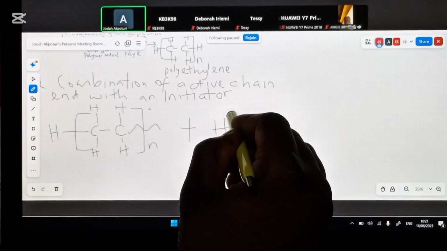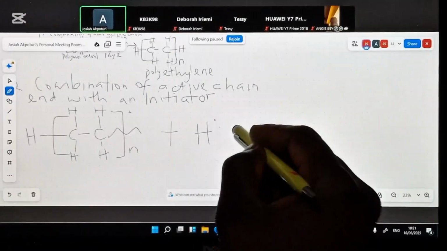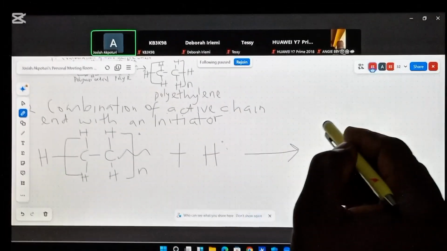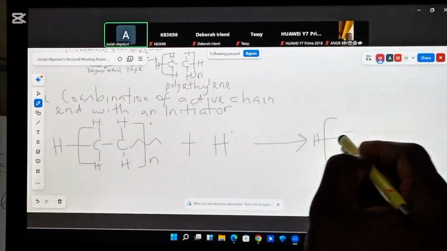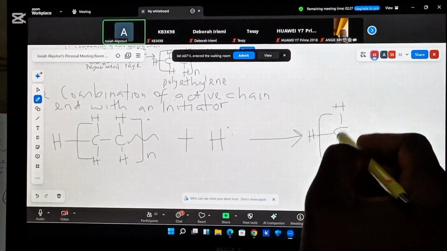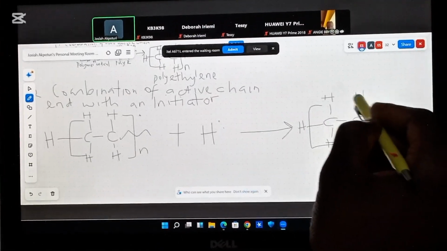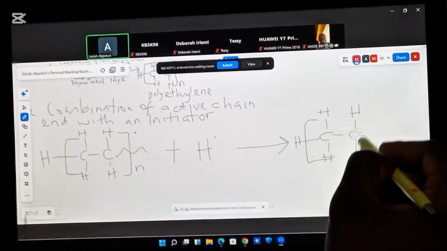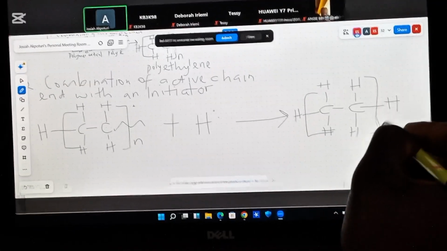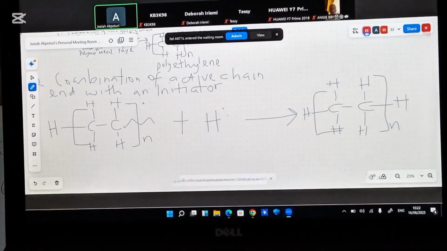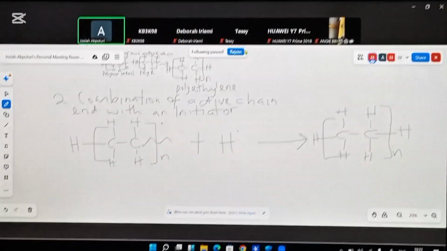We initiated with a hydrogen radical, so that we stop the radical character. You can stop it with an initiator. That is the initiator we put there, and it stops that reaction. Chain end with an initiator.